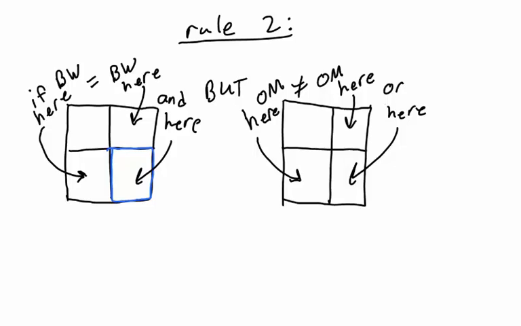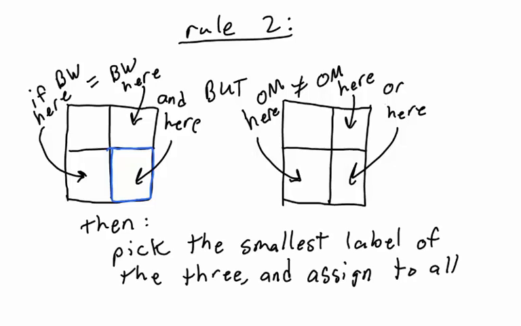If the black-white image pixel value to the left of the pixel we're trying to fill in is equal to the black-white value of the pixel to the top, and equal to the black-white value of the pixel we're trying to fill in, but the object matrix value is not the same in these 3 pixels, then we choose the smallest label number in all 3 of the pixels and assign that label number to the object matrix of all 3.